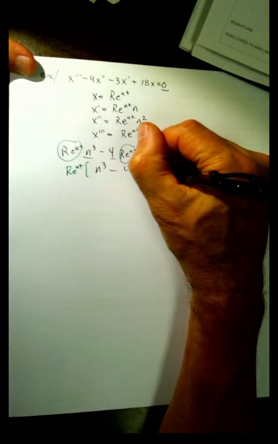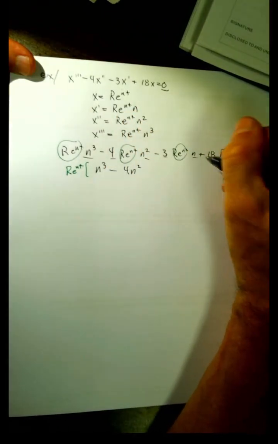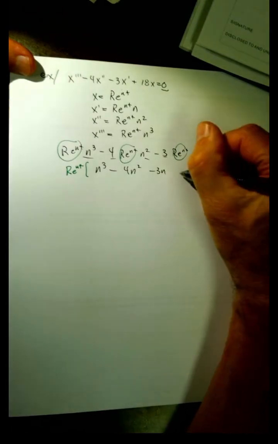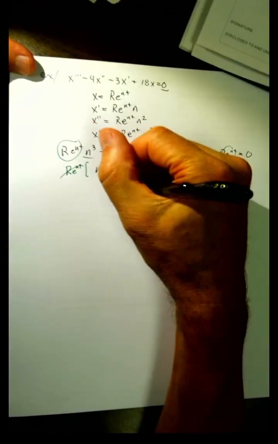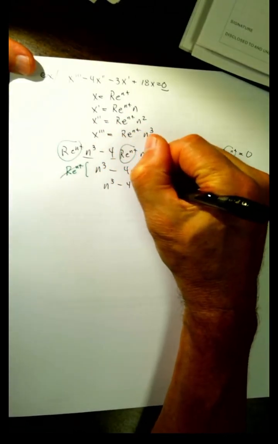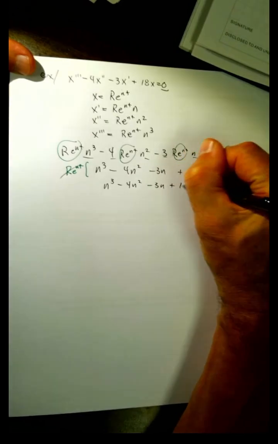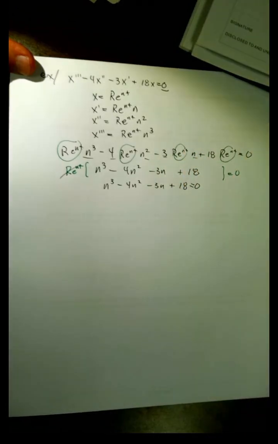So I have an n cubed minus 4n squared minus 3n plus 18. I don't want r to be 0, so I can divide that through both sides, which implies that n cubed minus 4n squared minus 3n plus 18 is 0.